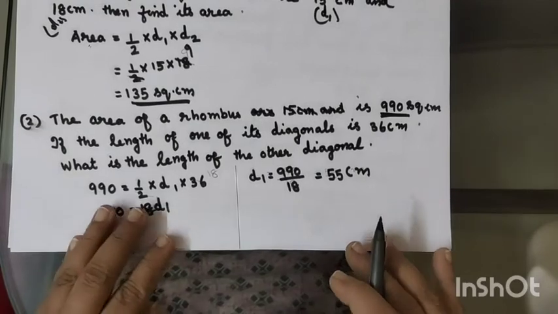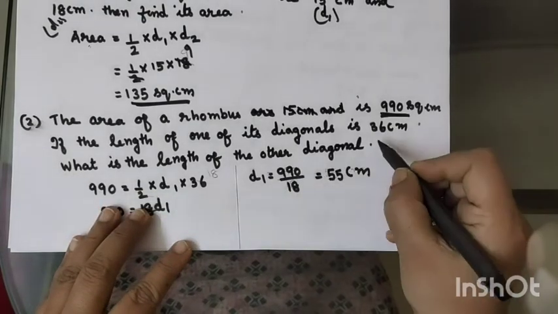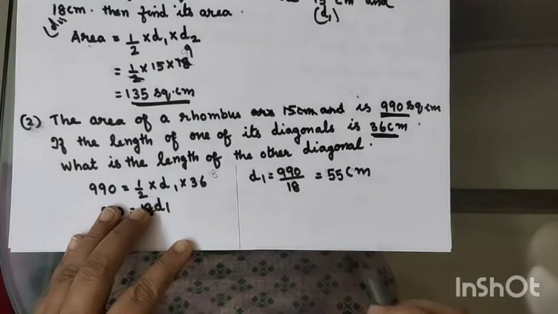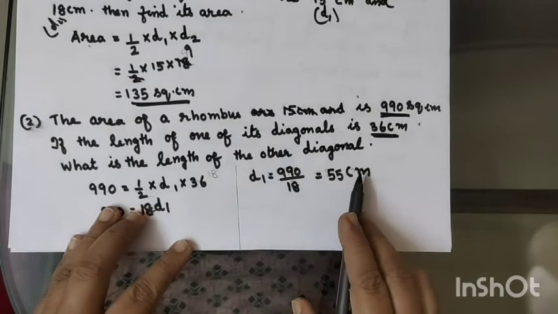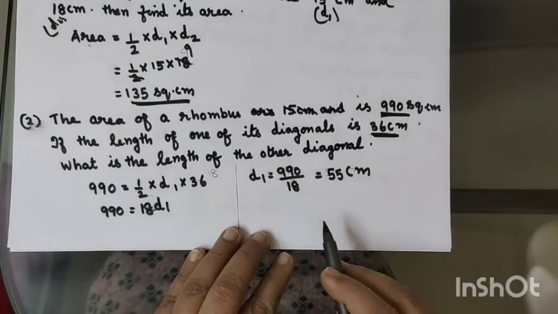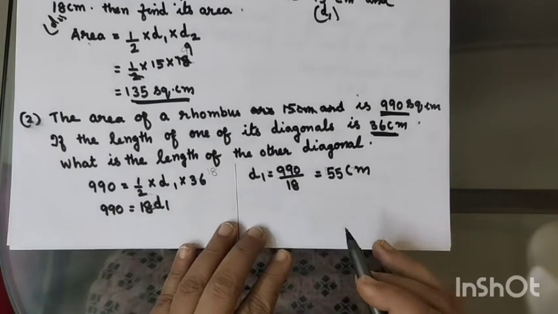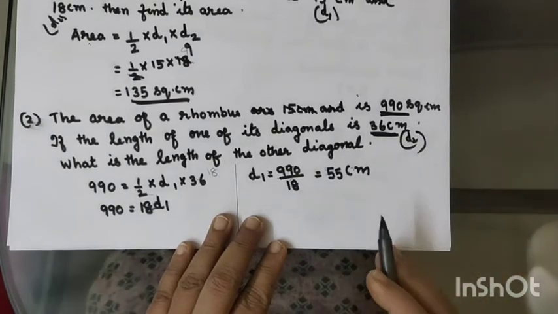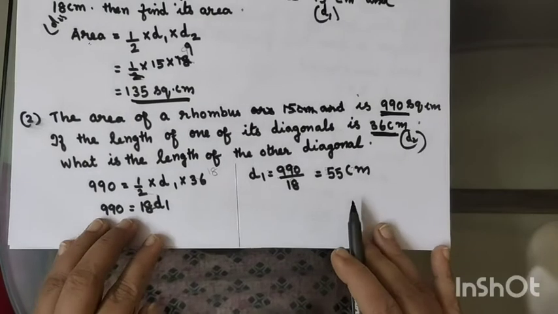The length of one of the diagonals is given, 36. What is the length of the other diagonal? So here the diagonal which is given, you can take it as D2, and which is not given, you will take it as D1.